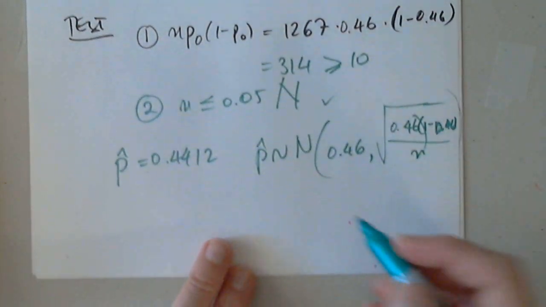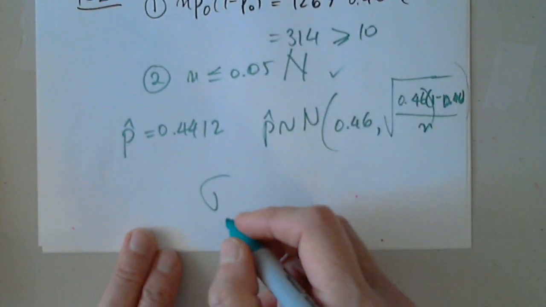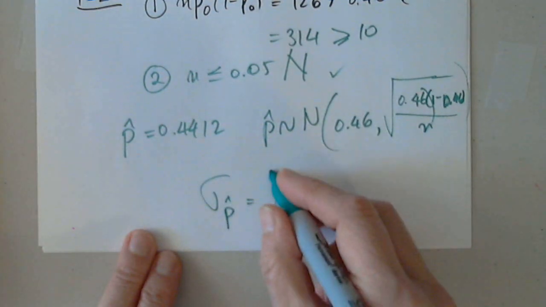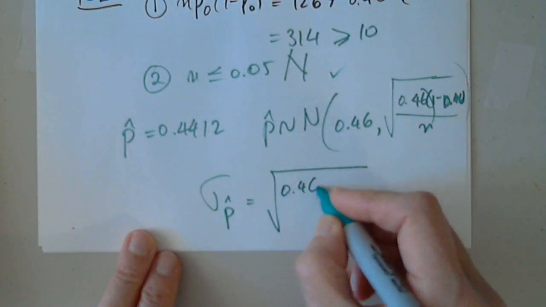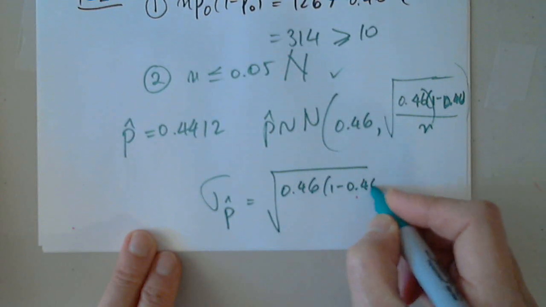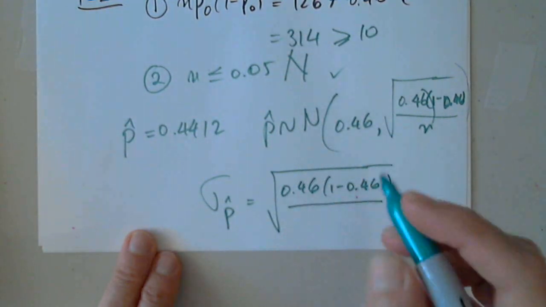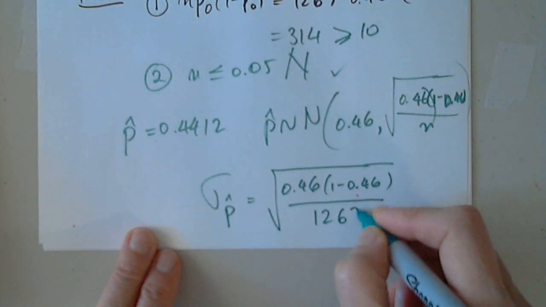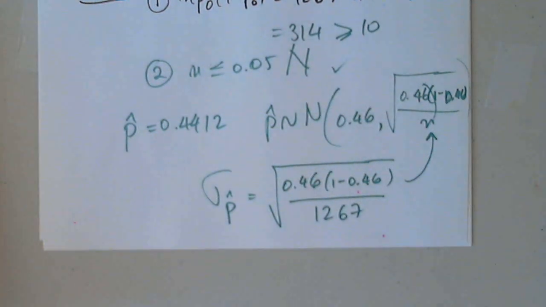Let me write this again because it's not clear over there: the square root of 0.46 times 1 minus 0.46 divided by the sample size 1267.